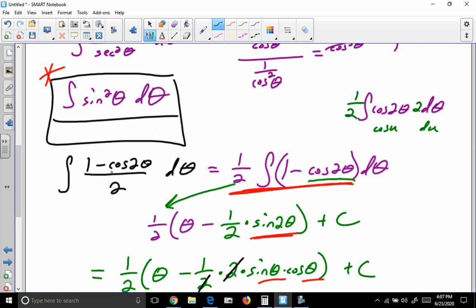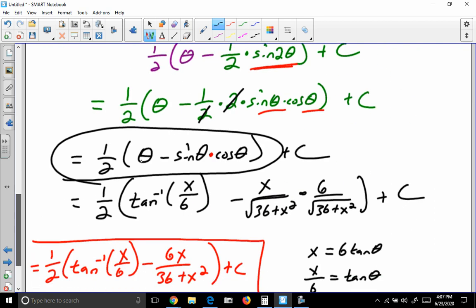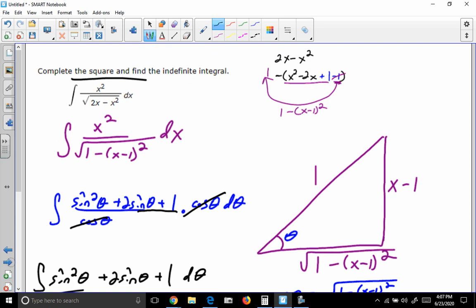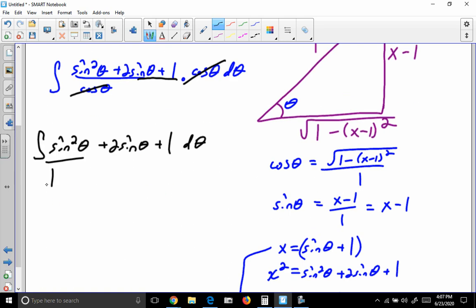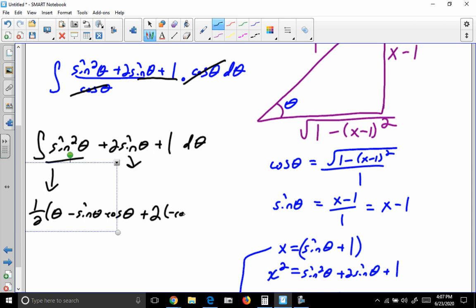We had to do our substitution, then we integrated both of those, and that came out to be 1/2 theta minus sine times cosine. Plus, when we integrate this one, the integral of sine is minus cosine. And when we integrate a constant, we pick up our variable.